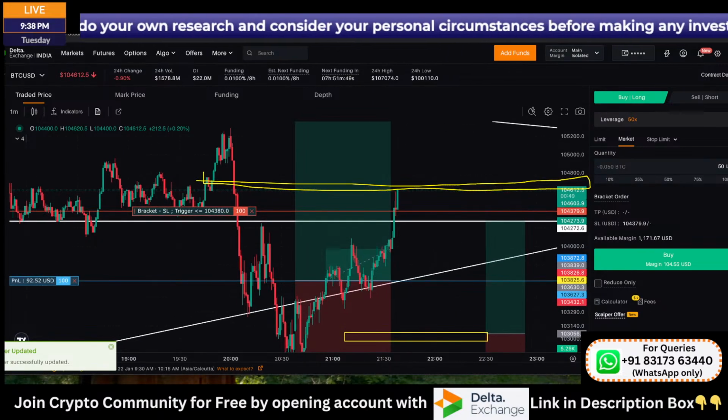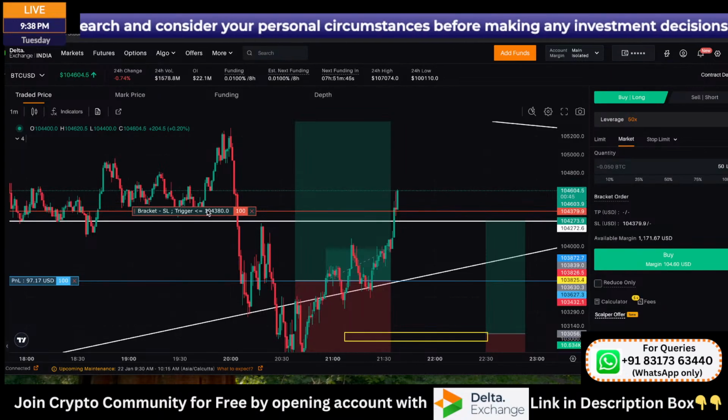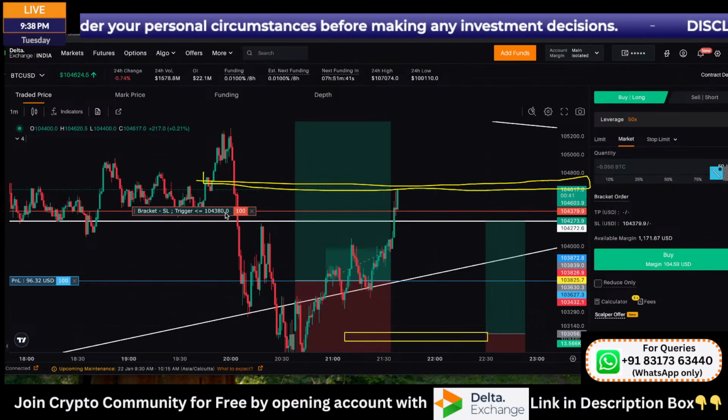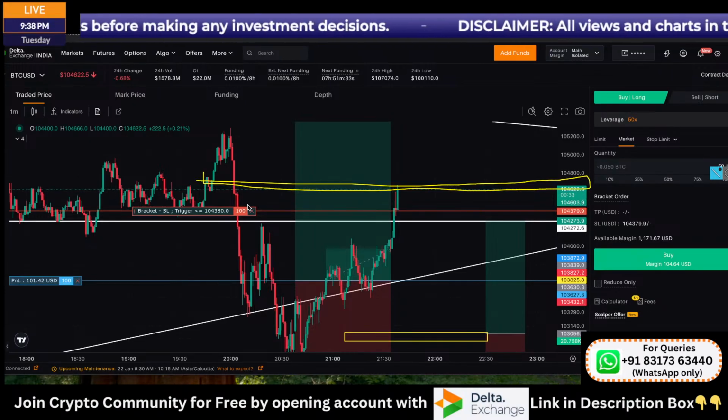Even I am happy if I capture 100 on this one. Sorry, I told you, this zone is an important zone. Whoever wants to book, you can book or trail your stop loss to the maximum. Afterwards, don't tell me that I did not inform you.